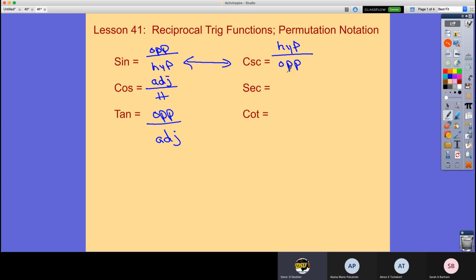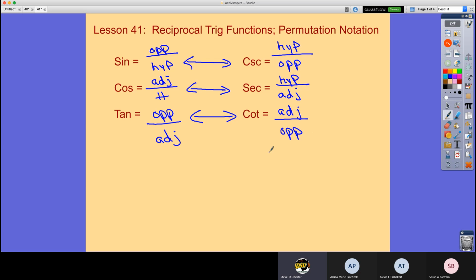Same thing with cosine and secant. They're reciprocal functions of each other. So this would be hypotenuse over the adjacent side. And then tangent and cotangent also work together. This would be the adjacent side over the opposite side.